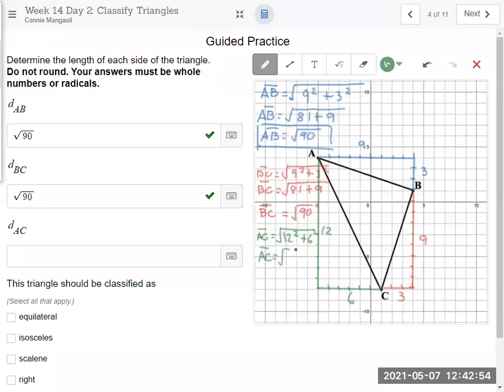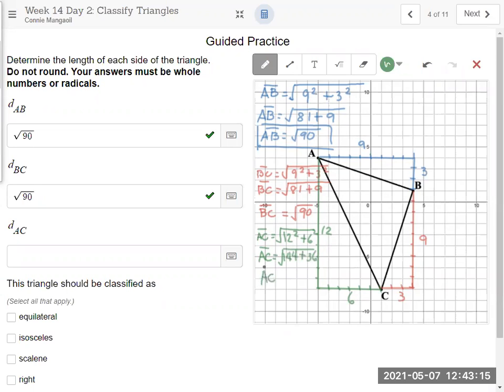What is 12 squared? 144. What about 6 squared? 6 times 6 will be 36, right?